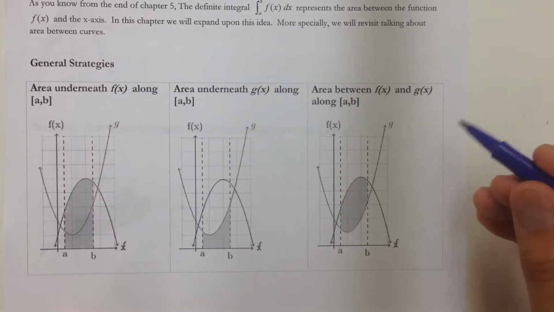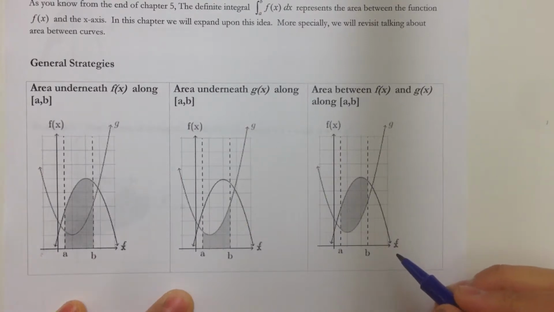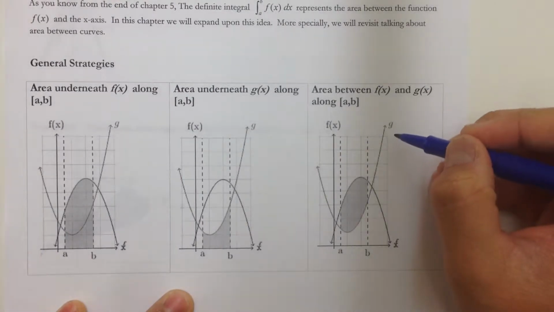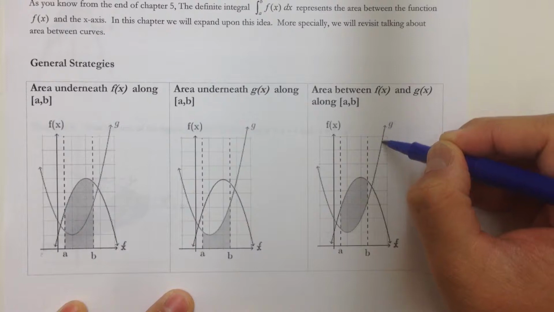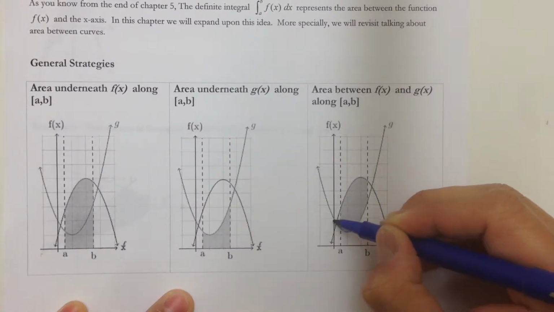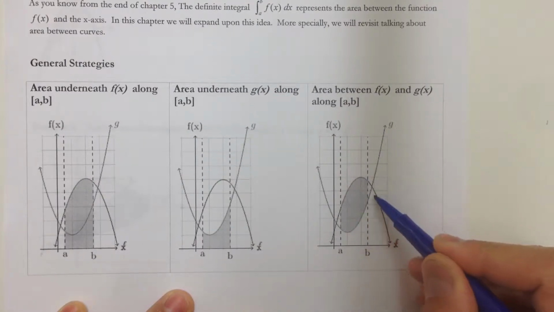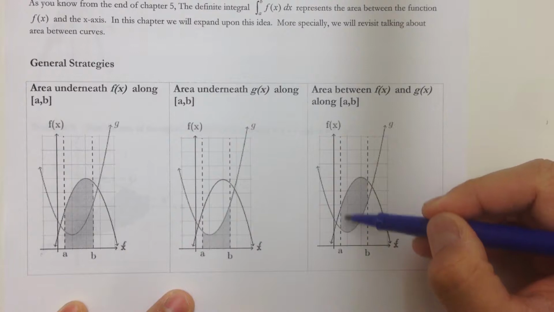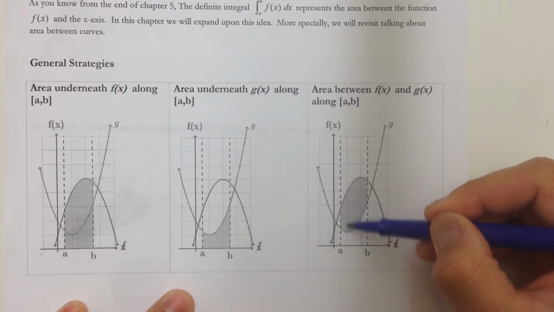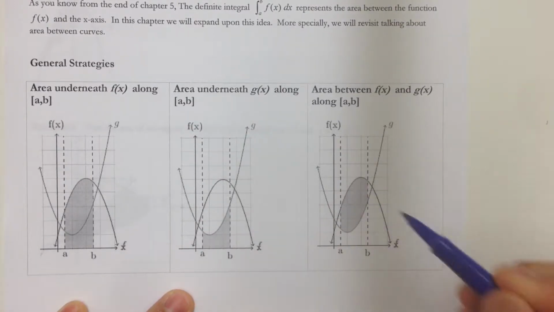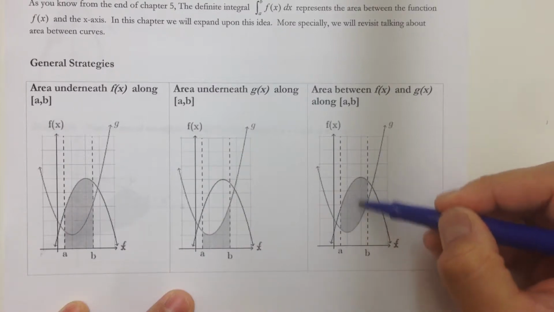There is a curve represented by the function g of x, which is this curve. And then there's another curve represented by a function f, which is that curve. We're interested in finding the area between them, which in this case is the gray shaded region that you see there.